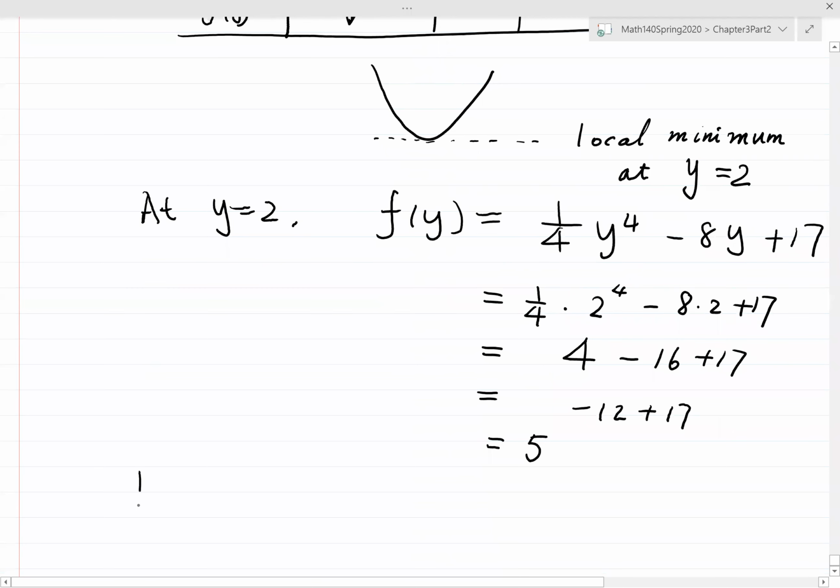So the minimum PQ is, we take the square root of 5. Okay, shortest distance.